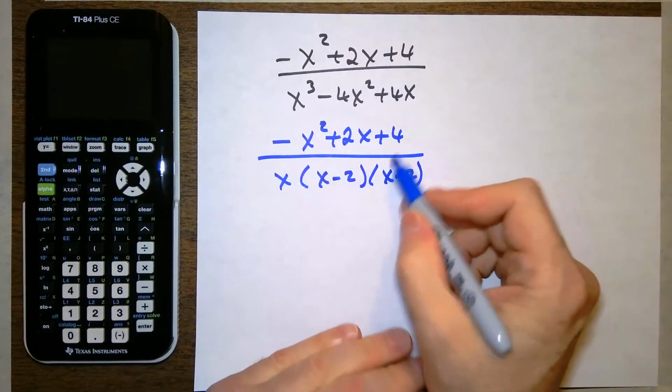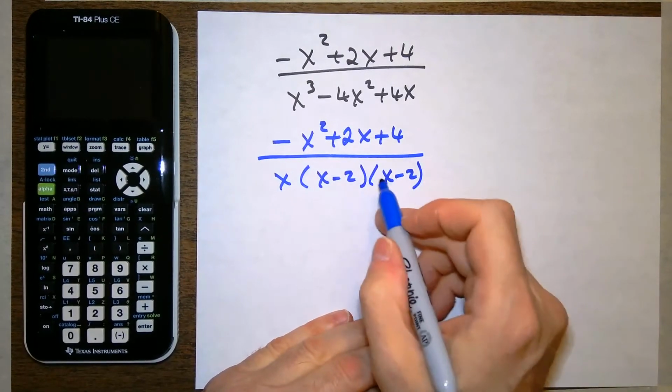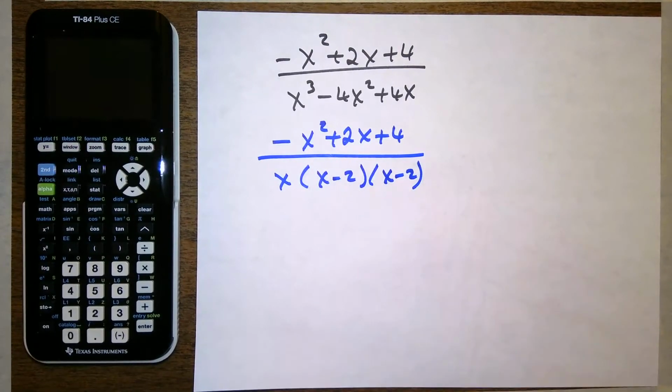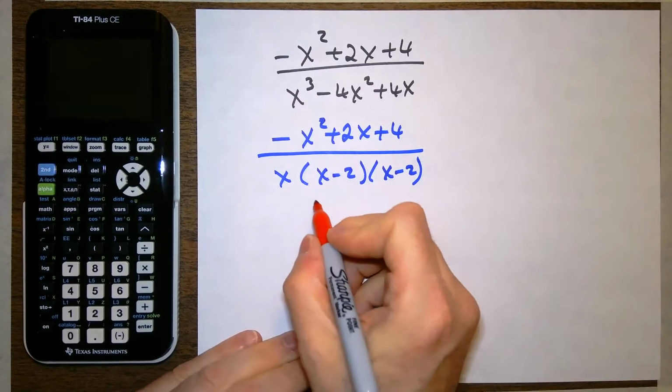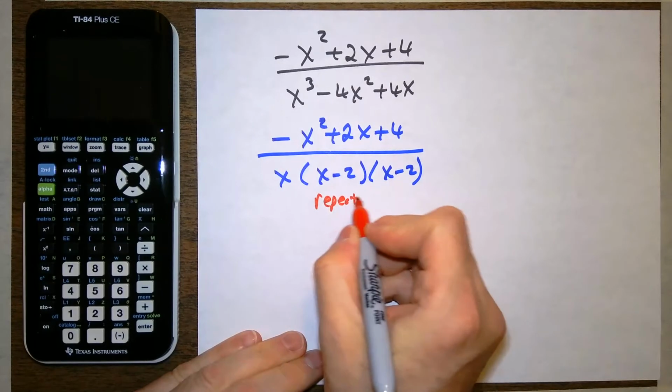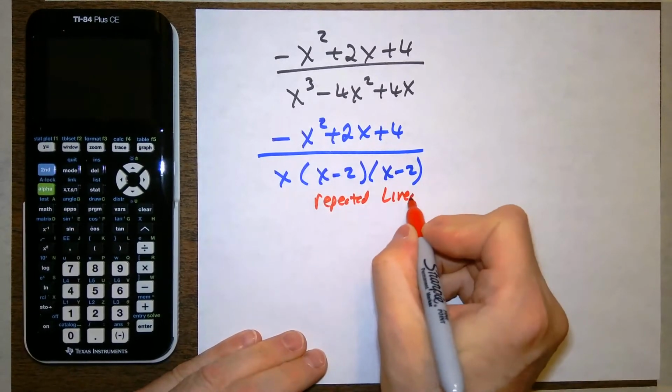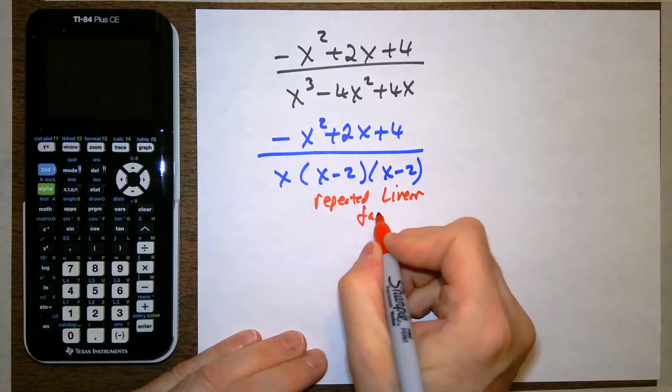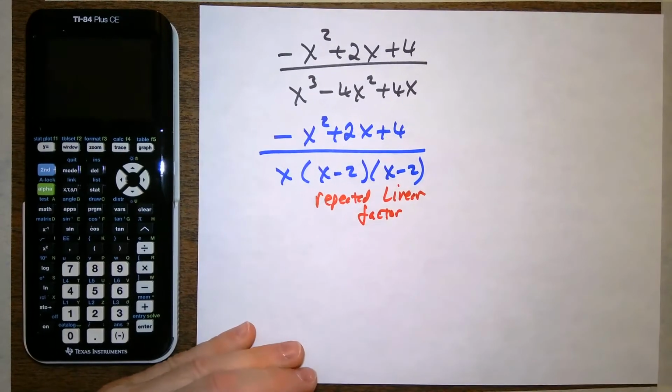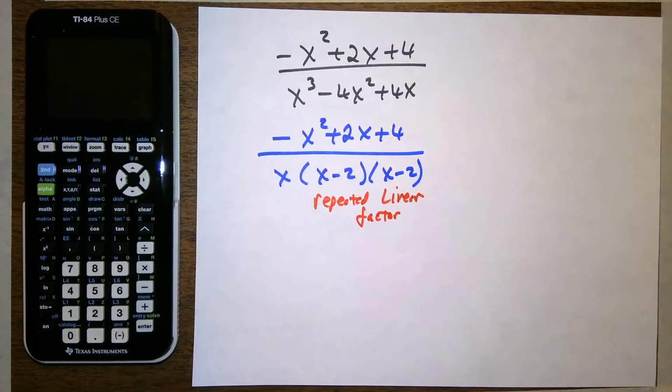So now, because I've got a repeated linear factor, my partial fraction decomposition is going to look a little bit different.